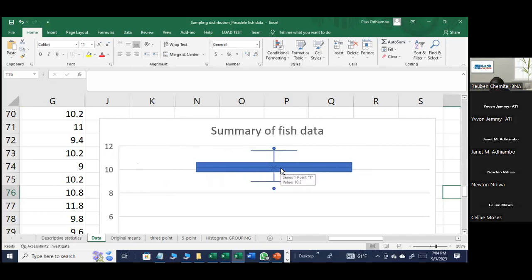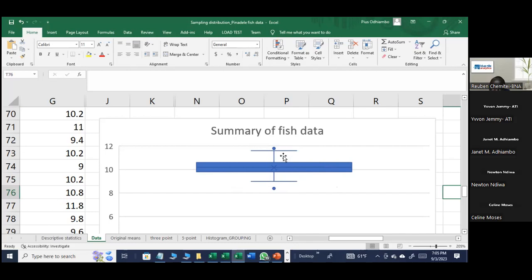Median is the middle value. In fact, in most analytic tools, the middle value you can specify as the median or the mean. So this middle value here can be the median or the mean, or you can call it the 50th percentile. 50th percentile means the middle value. So a box plot will give you a picture of the symmetry of the data.